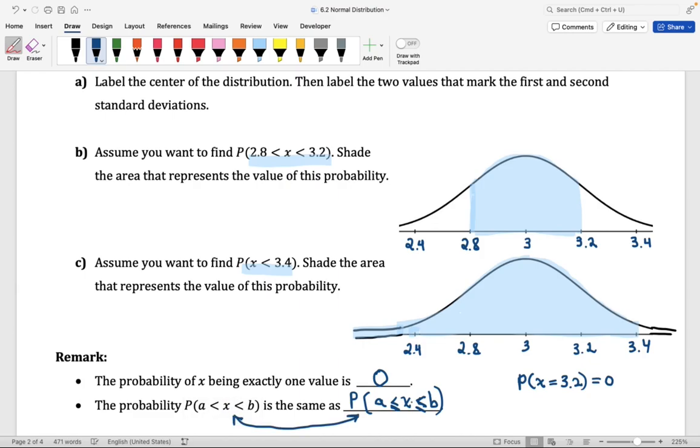Because the probability of X being equal to A is 0, and the probability of X being equal to B is 0. So that's not going to change the probability. Okay? So it doesn't matter what notation you use. Usually I'm going to stick to just using this notation, the probability of X being between two values.